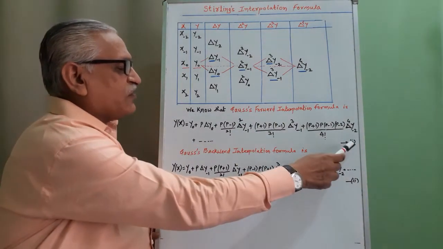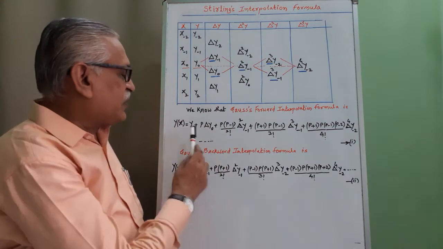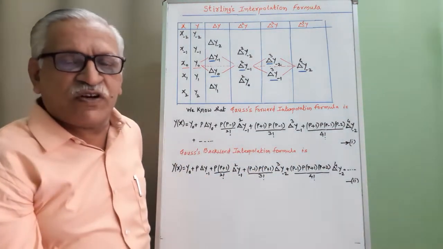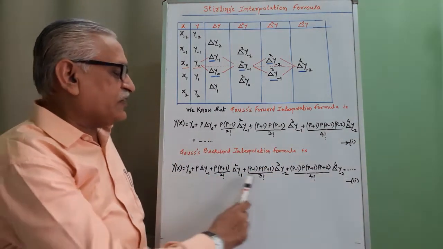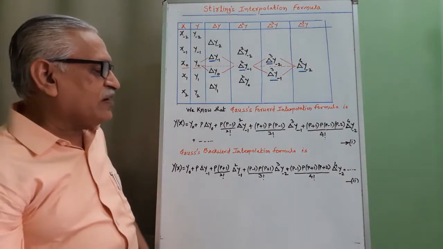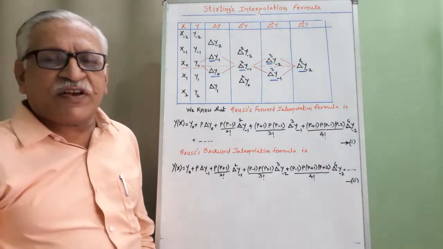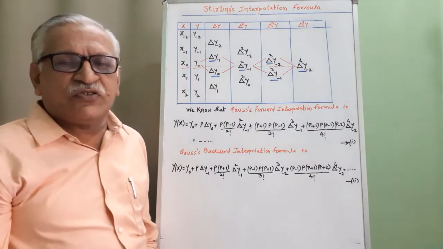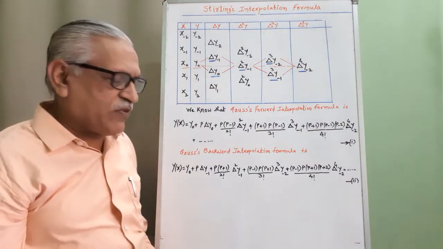We call this equation 1 and equation 2: equation 1 for Gauss's forward interpolation formula, and equation 2 for Gauss's backward interpolation formula. If you take the average of these two results, that gives you Stirling's interpolation formula.